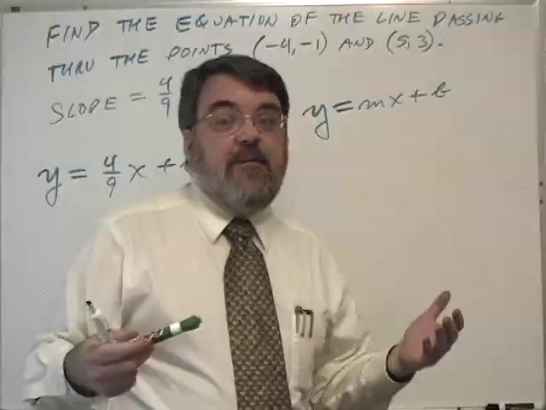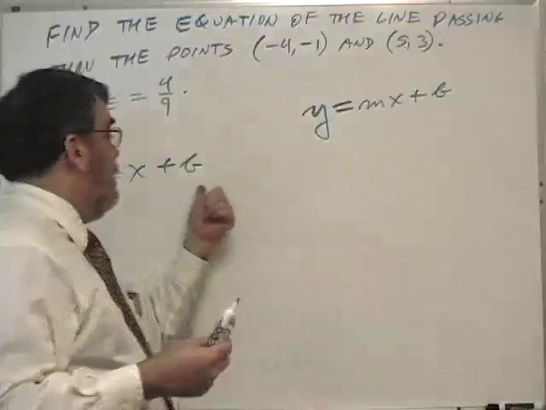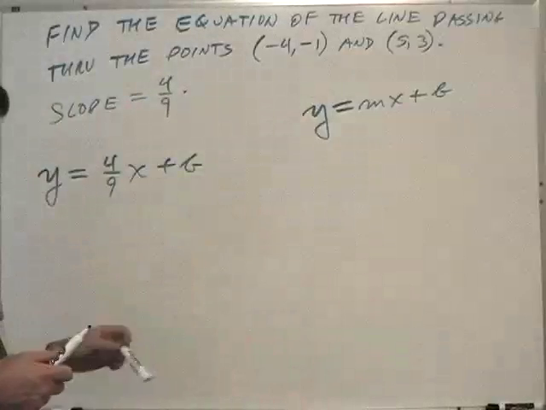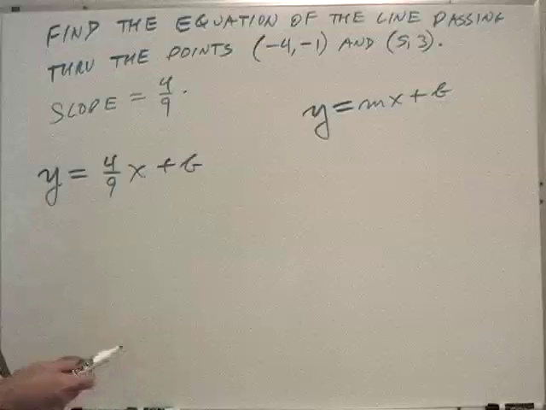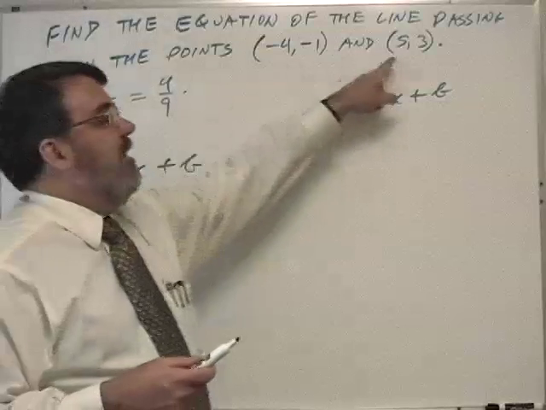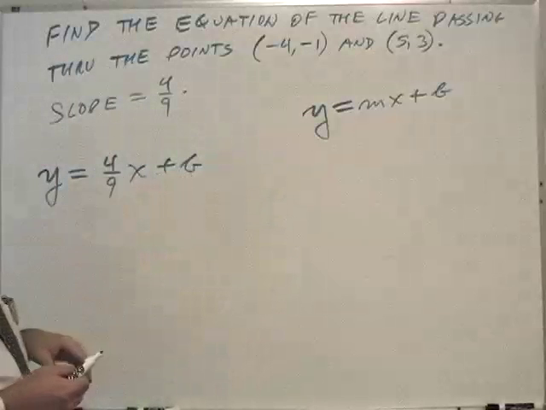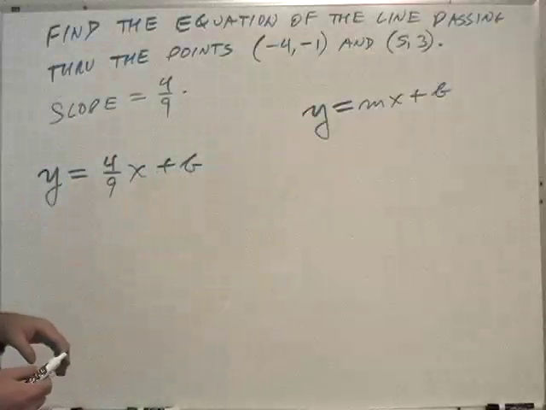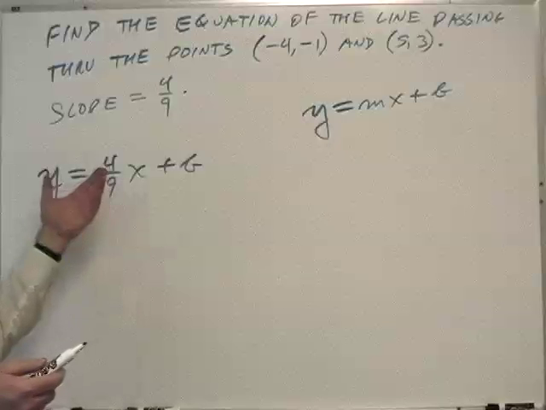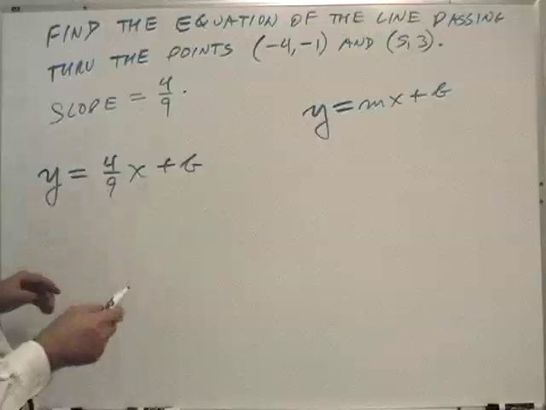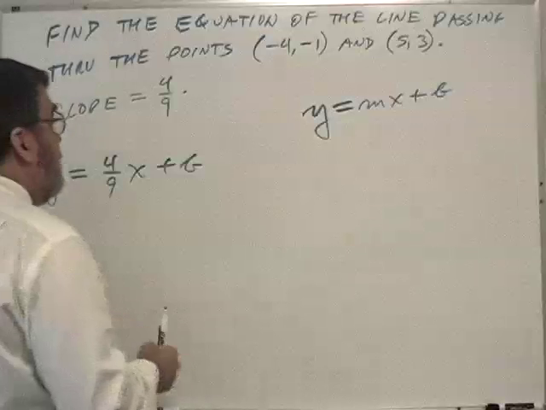And now, how should we find b, the missing number? Well, in this case, I've got two choices, because I have 2 points which fit into this equation, and so it's a matter of picking one of those points and plugging it in. So, for example, let me just pick the first one.